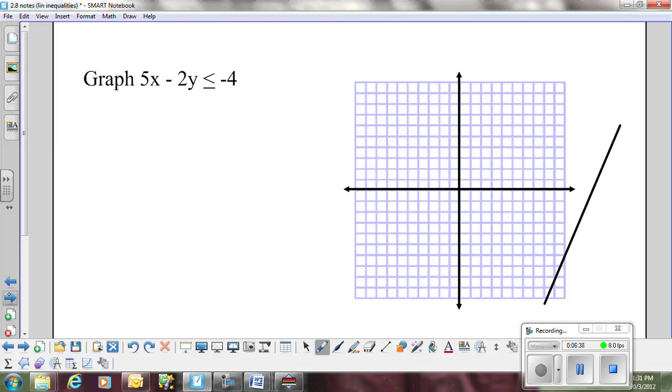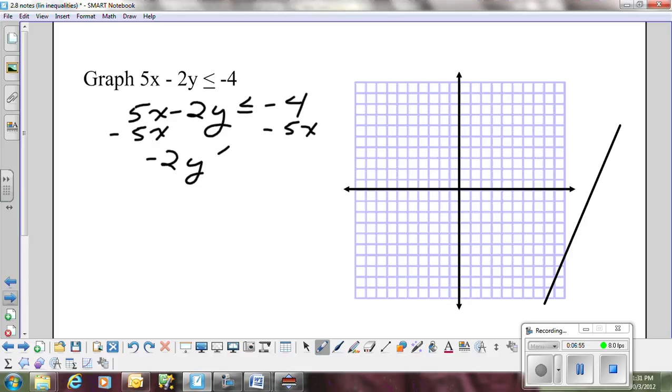So if I say 5x minus 2y is less than or equal to -4, I want to solve for y. So I subtract 5x on both sides. I get -2y is less than or equal to -5x minus 4.